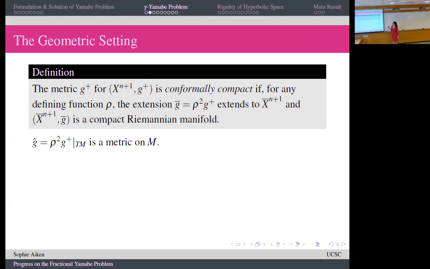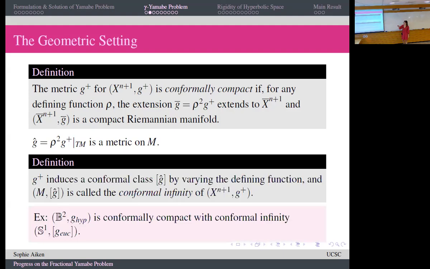Okay, just a bit of notation. If I now take g bar, so this extension of g plus, and restrict only to the boundary, I'm going to call that g hat. And since in our definition of conformally compact I want this to be true for any defining function, that means I actually have a whole class of conformal metrics on the boundary based on those various choices of what the defining function could be.